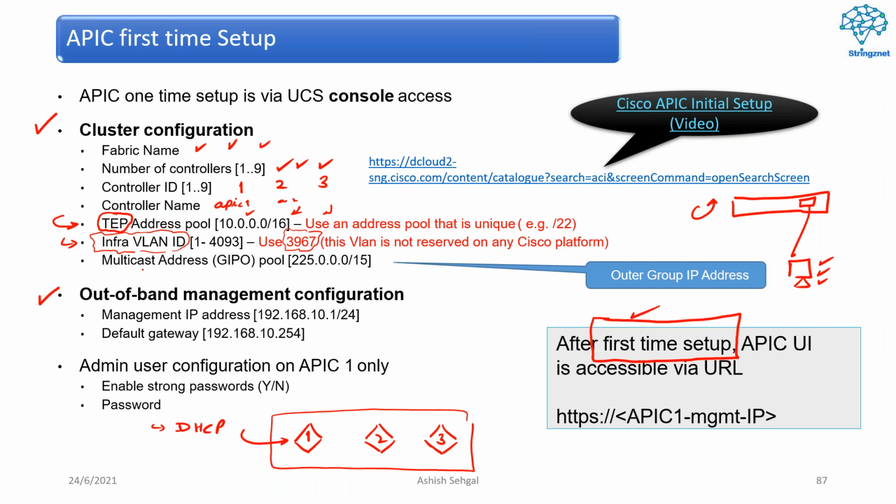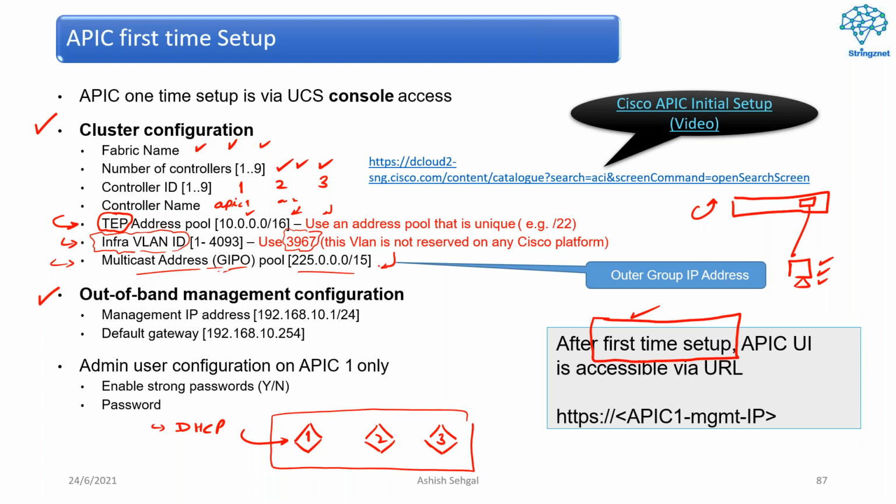The last but not the least important information which you need to provide is the multicast address, which is known as group IP outside. This is called group IP address. A default is provided, right? You can just click enter over here.